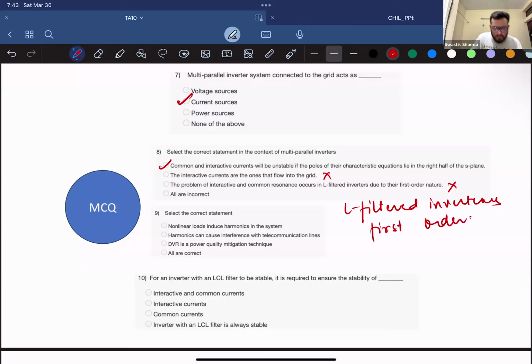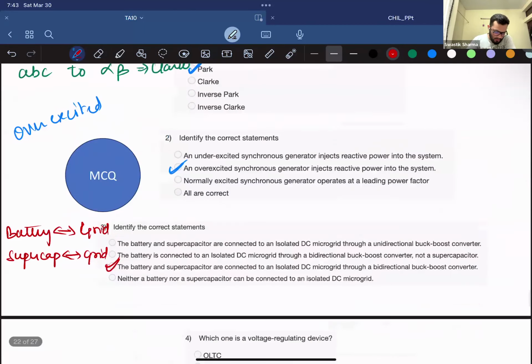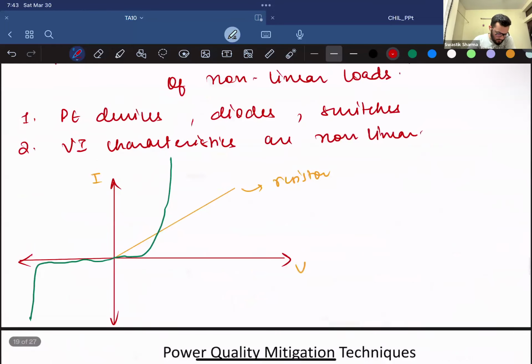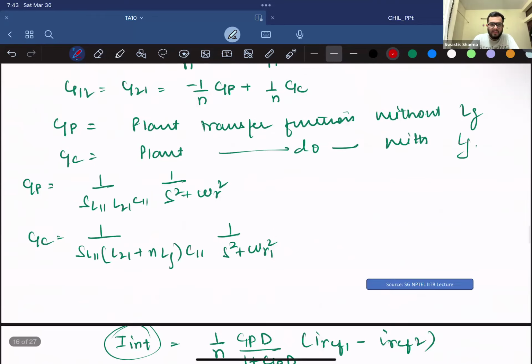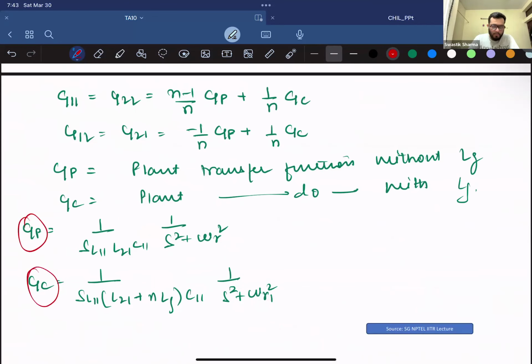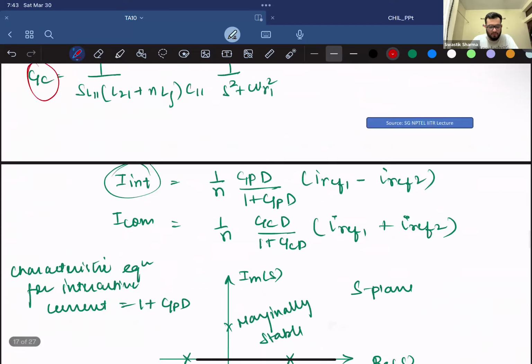So you don't have a connection in which you can bypass this filter to go to the next inverter, because this GP and GC will be first order in nature. If they are first order, what would happen to their poles?